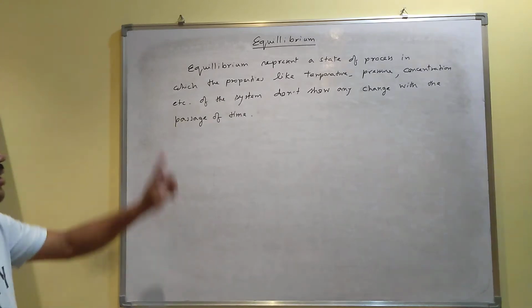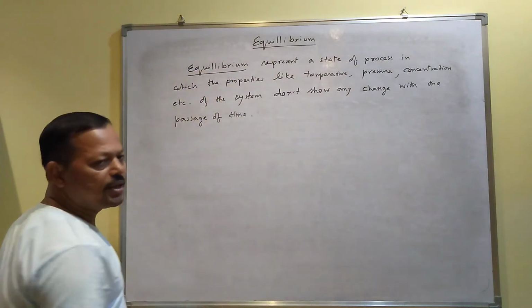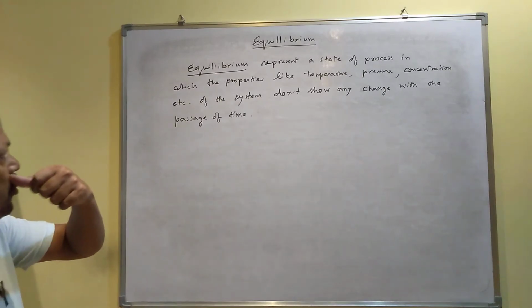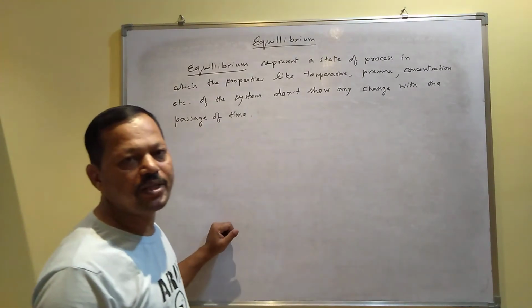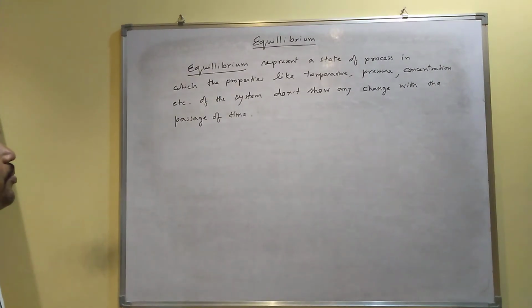So like this you can write the definition of equilibrium. Equilibrium means nothing but a state of a system in which the properties like temperature, pressure, etc. do not show any change with the passage of time.